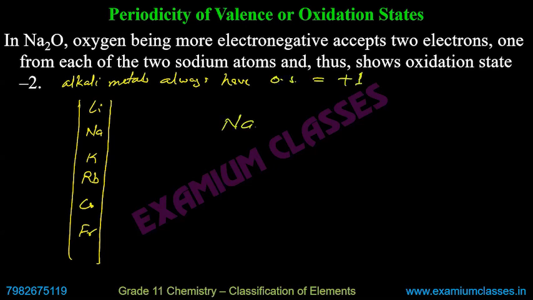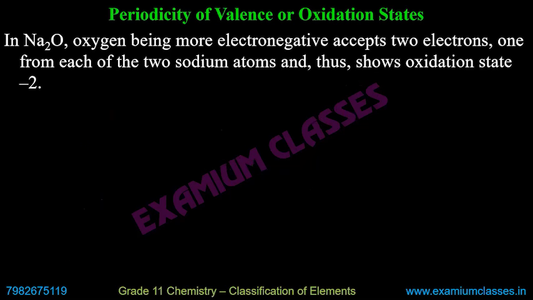So in Na2O, the sum of oxidation states will be 0 and sodium will always have +1. So 2 multiplied by +1 plus, say, oxygen has X, will be 0. So X will be -2. In this case, it is normal. X is -2.